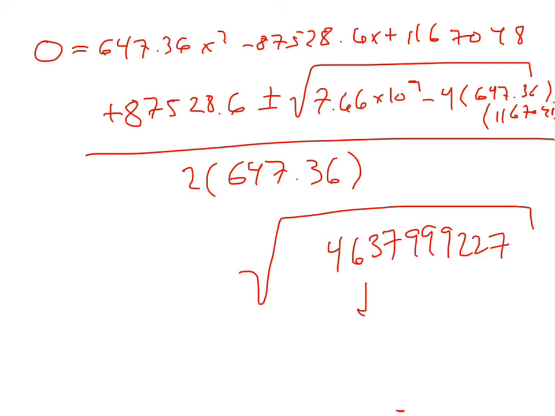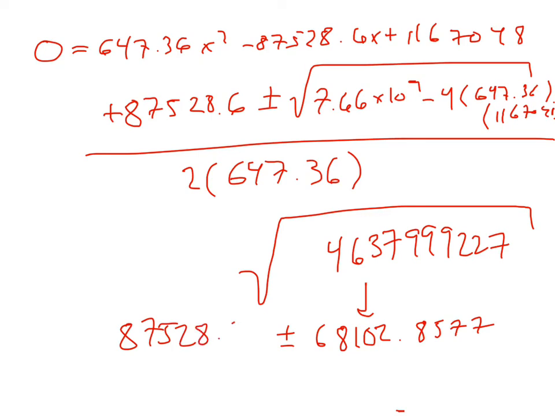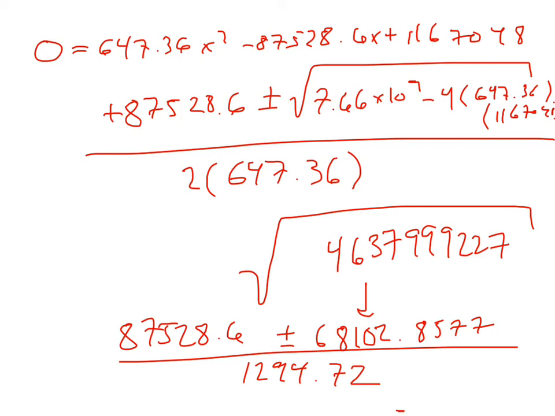End up with 68,102.8577. And that's plus or minus, originally our negative b, 87,528.6 divided by 2 times 647.36, which is 1294.72. Great. So that is our key solution. It's got to either be plus or minus that.